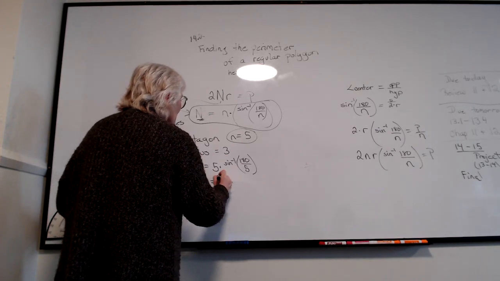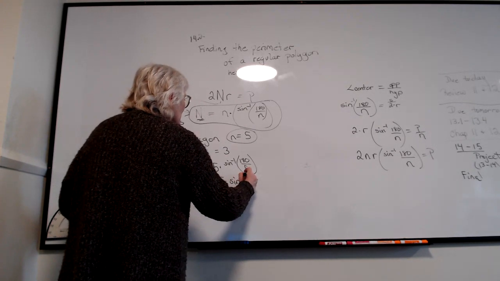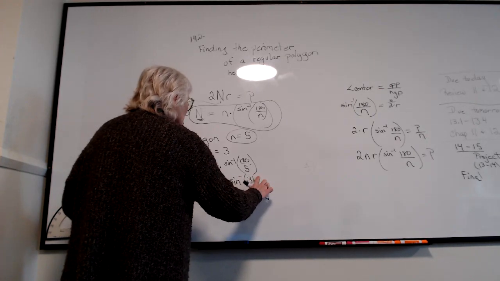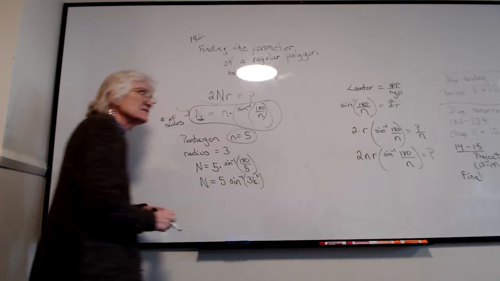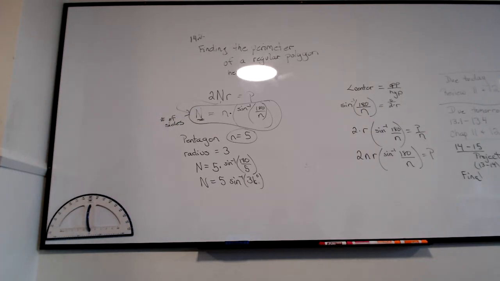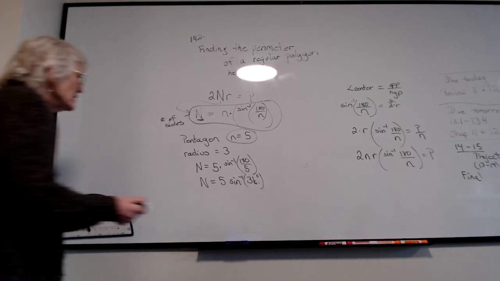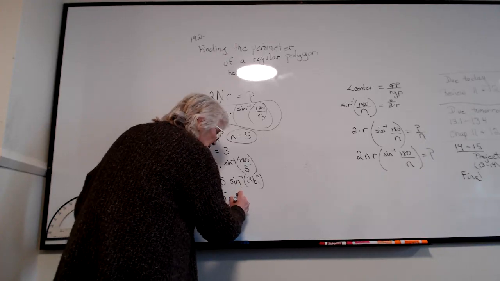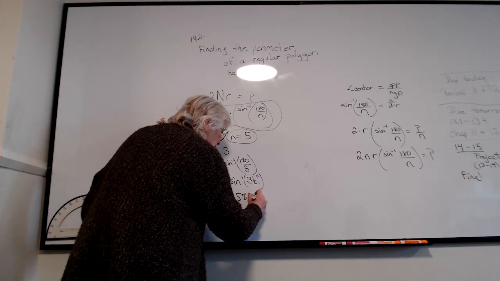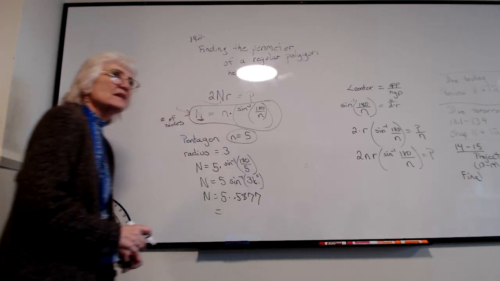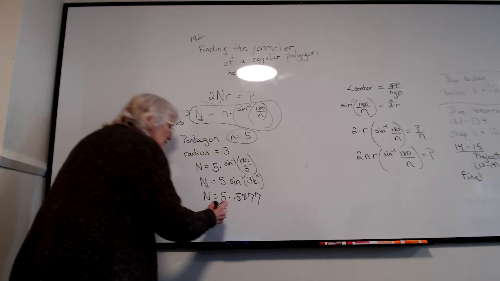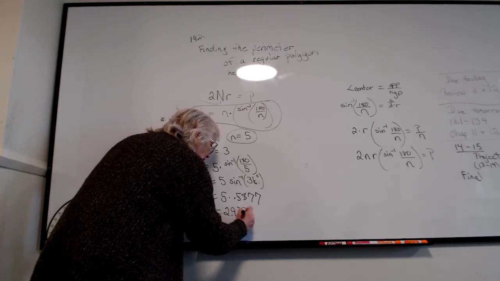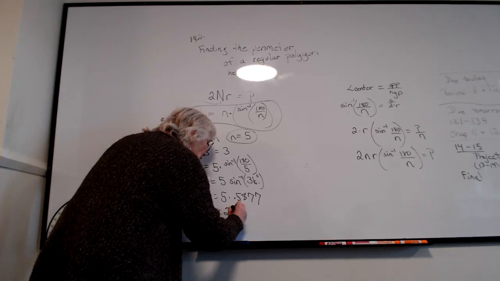So N will equal 5 times the inverse sine of 36 degrees. Somebody take the inverse sine of 36. They should have calculators. What is it? 0.5877. So N is going to equal 5 times 0.5877. What is N going to be? 2.938. Let's round that to 2.94.